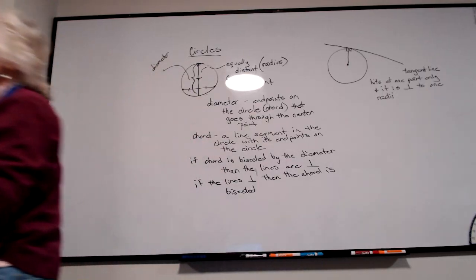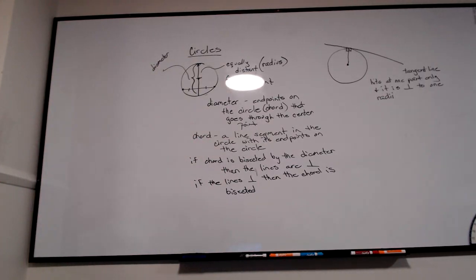Okay, so those are all the lines right now that we're looking at in circles. That was 12.1 and 12.2, all the different things about the lines inside and outside that we name.